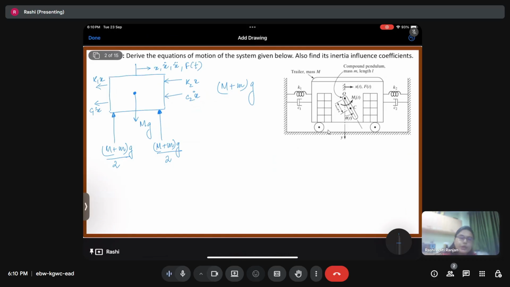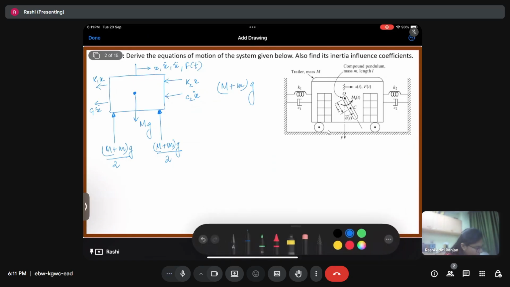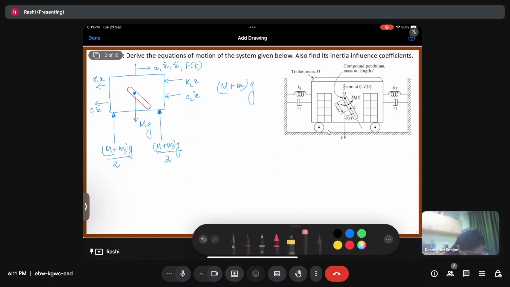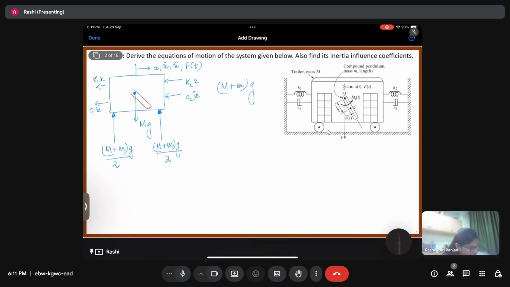Now, there is a compound pendulum as well, right? That compound pendulum is also going to give some contribution to the movement of the system. How? Let me just show you. This is the compound pendulum, or I should draw it something like this.